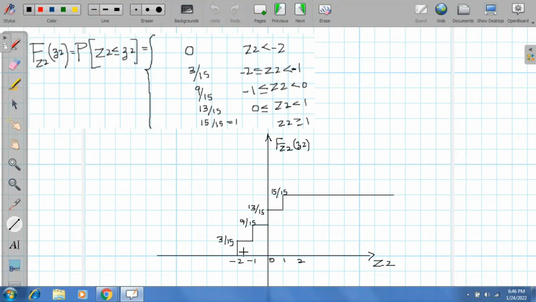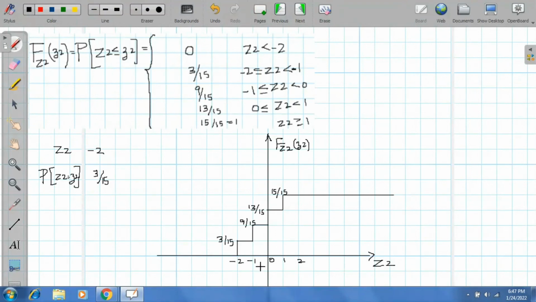When Z2 is -2, there is a step change. So the first non-zero probability will be when Z2 is -2, and its probability will be 3 by 15 minus 0, which is the step change occurring at -2.